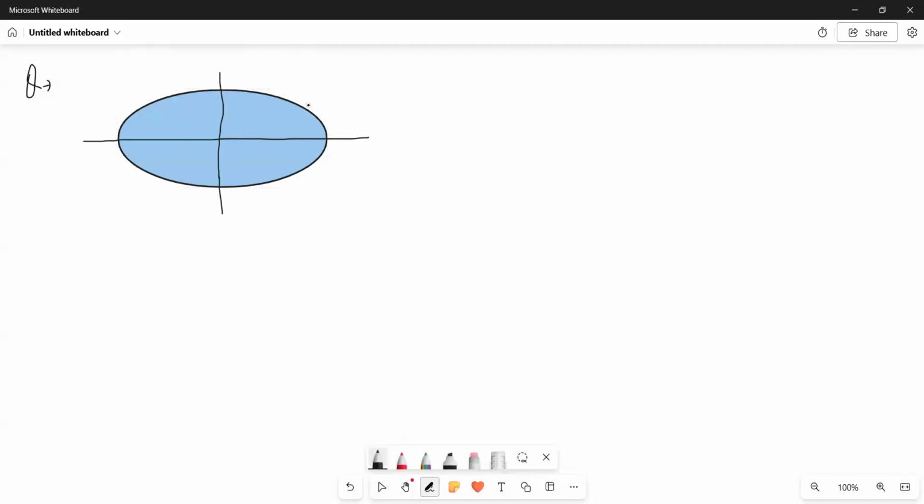The equation of the ellipse is x square by 25 plus y square by 16 is equal to 1. Now, a line passes through the point 2, 2, which cuts the ellipse at 2 points A and B. Okay.